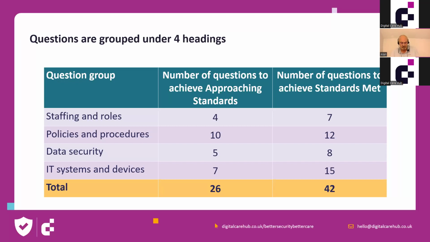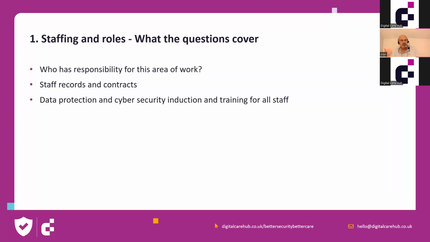So again, if we move forward, looking at what the questions cover, the first section, staffing and roles, talks about who has responsibility for this area of work. In relation to the responsibility, I would suggest that you need to decide who's going to be responsible for data protection and cybersecurity in your organization.